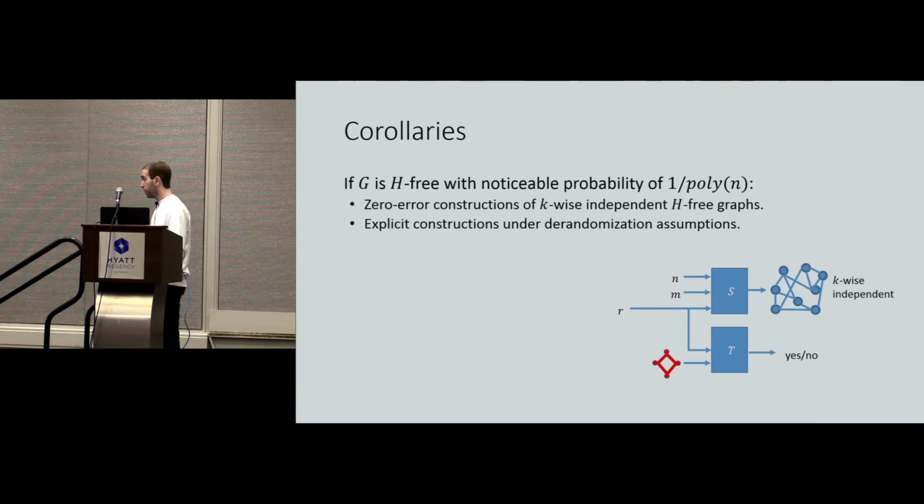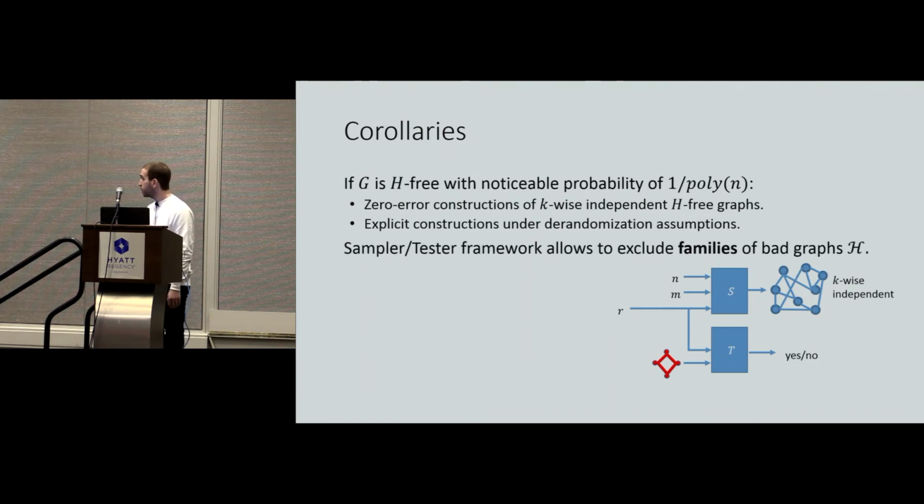And in fact, under some de-randomization assumptions, we even have explicit constructions. And the second point is that the sampler and tester framework allows us to exclude families of bad graphs H. So in this example, we can first test for the 4-cycle, and then for the clique, and then for this graph, and so on, and make sure that G does not contain any of them.